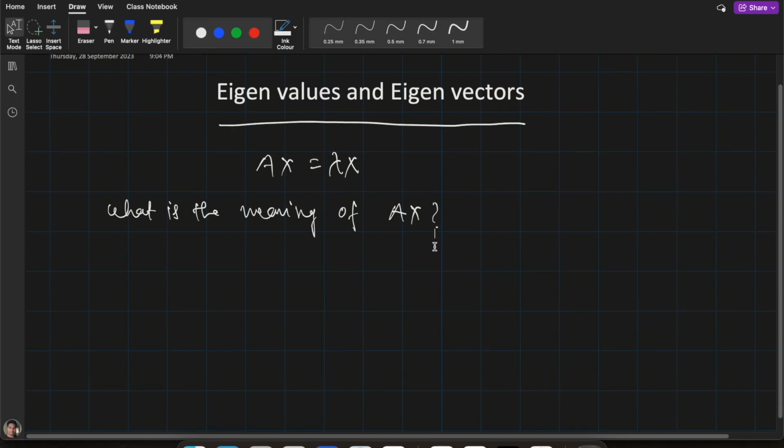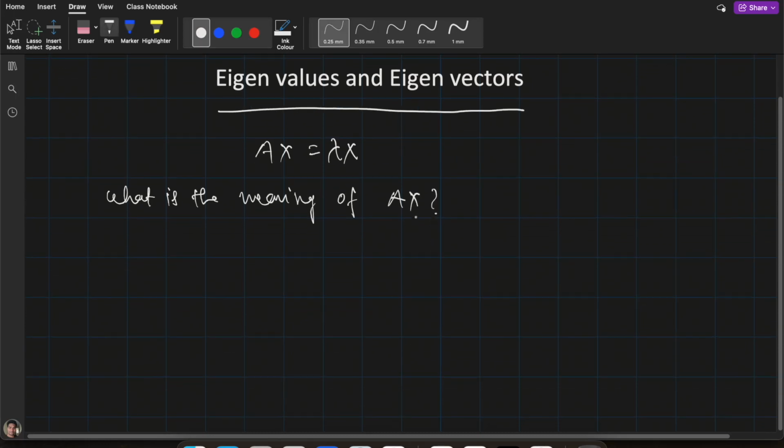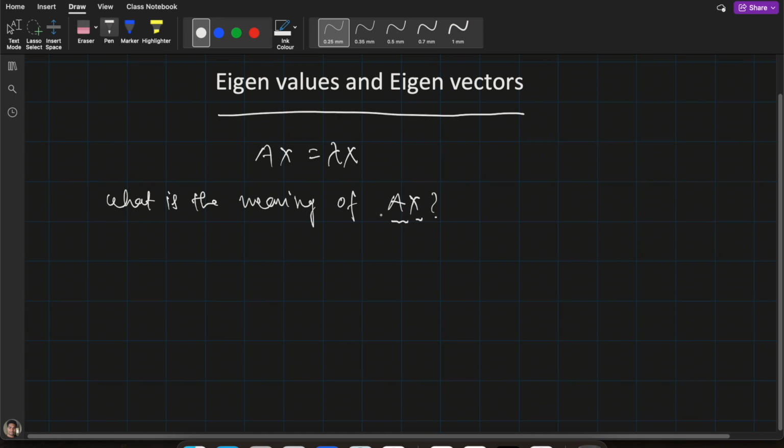Can someone tell me what it means by A into X, where A is a matrix and X is a vector? Tell me. Okay, you are not speaking, so let's move forward.